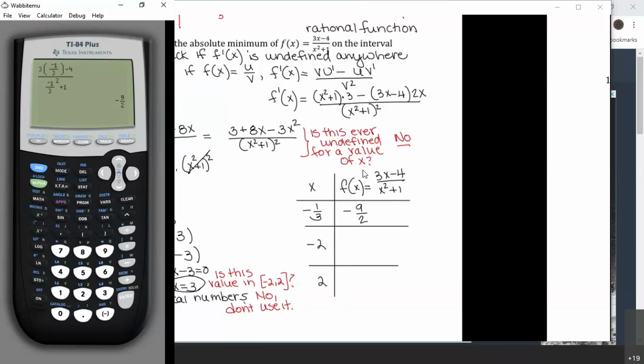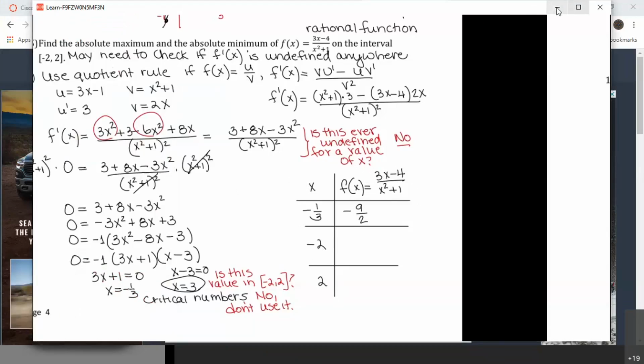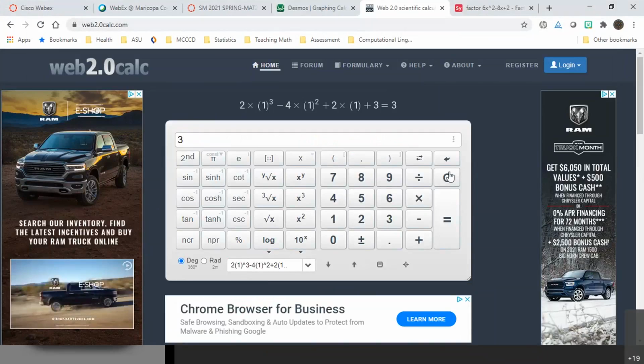You need to put parentheses around the numerator and denominator. Let me show you that real quick. I'm clearing this. Open parentheses for my numerator, and that's going to be 3. Since the 2 is a +2, I don't need parentheses, but I'll use them anyway. So that was 3 times 2 minus 4, close parentheses on the numerator, divide, open parentheses on the denominator.